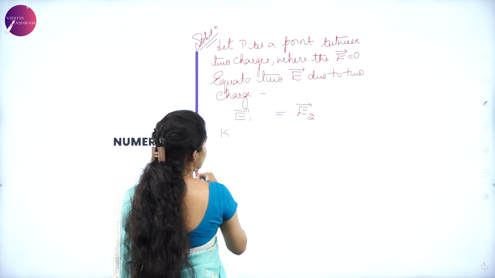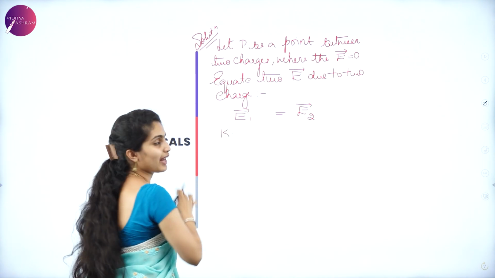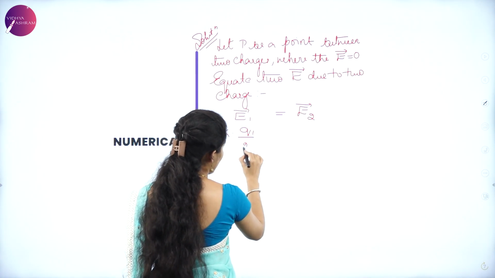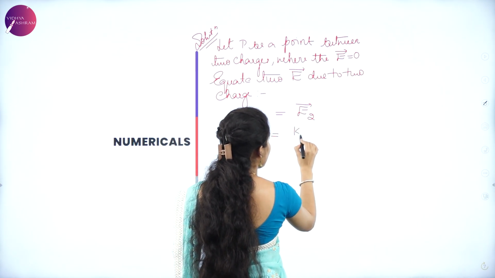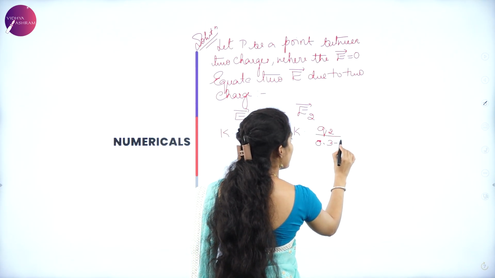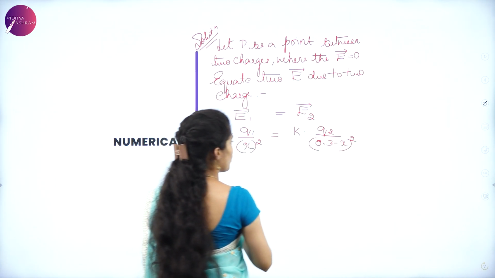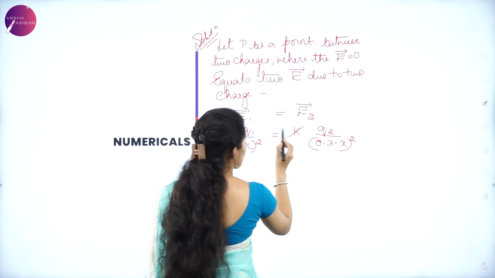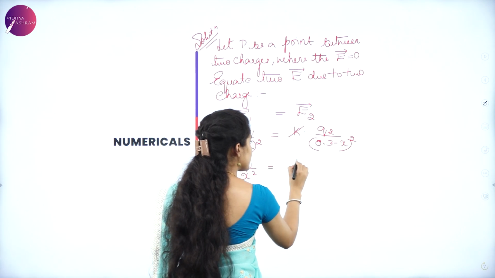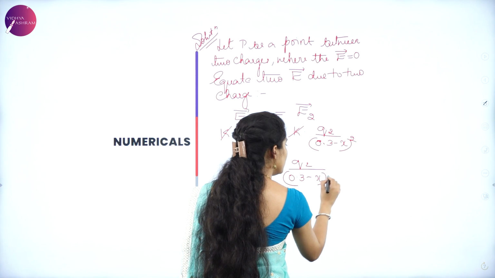It is K, that is 1 by 4 pi epsilon naught, present here in only one alphabet, that is K. K into Q1 divided by x is equal to K into Q2 divided by 0.3 minus x. Both of them you're supposed to square due to the formula. So now your K gets cancelled with K. So what remains is Q1 by x square is equal to Q2 by 0.3 minus x the whole square.